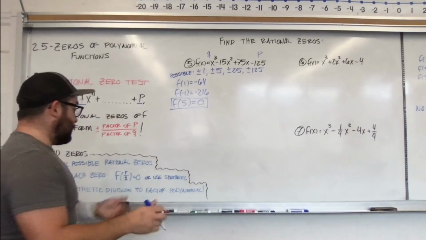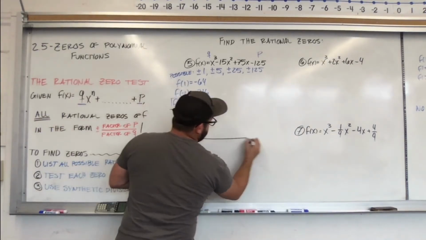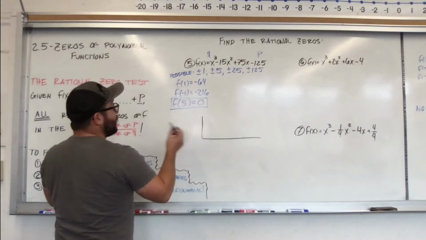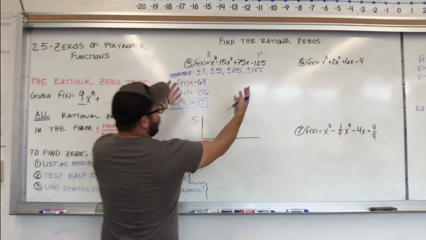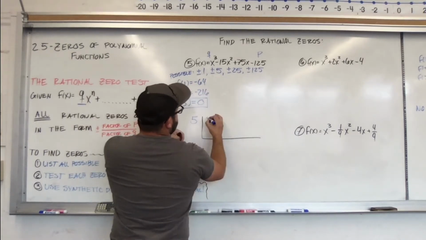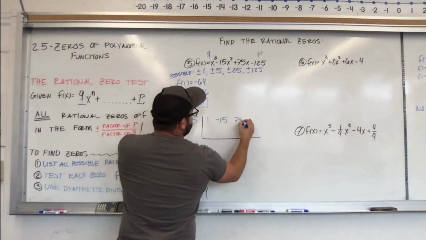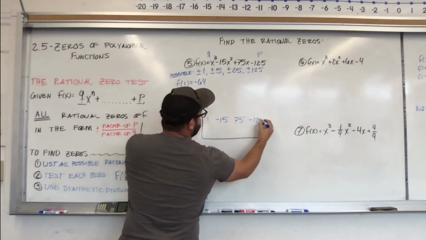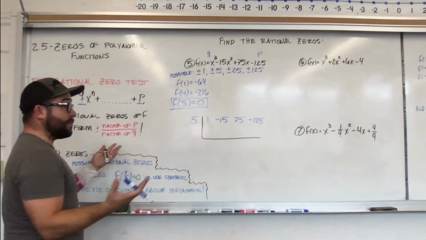So now we can dive into our synthetic division. We know one of the zeros is a 5. Again, we'll pull our coefficients from our original: 1x cubed, negative 15x squared, 75x, and negative 125 for the constant. And we're just going to do synthetic division.